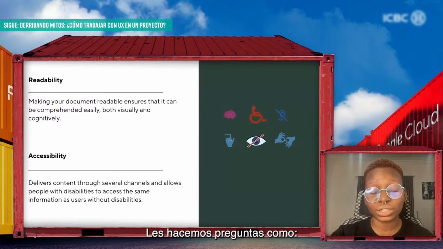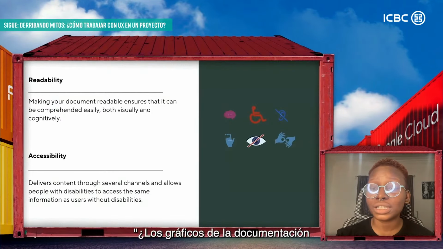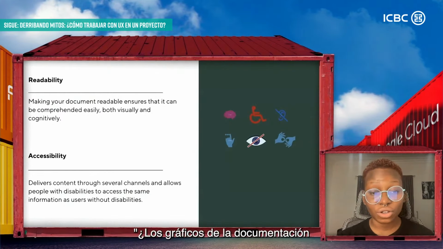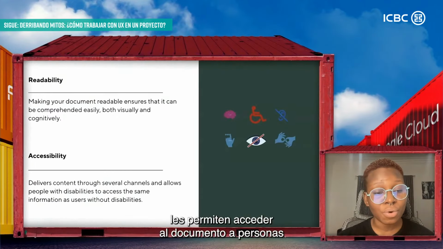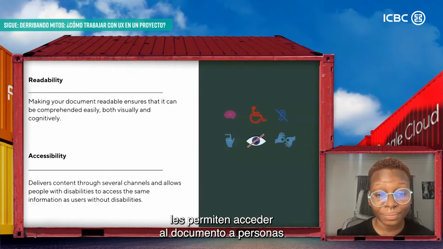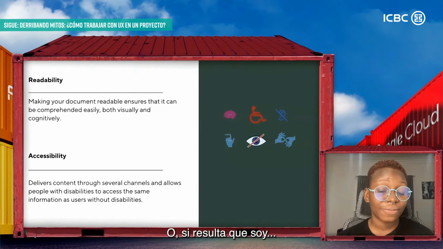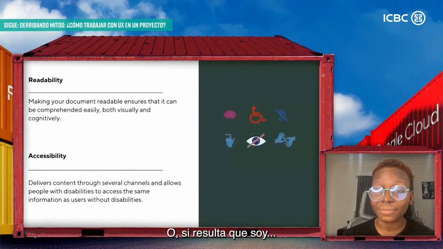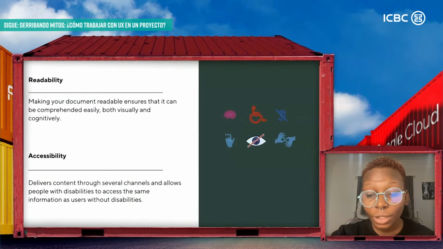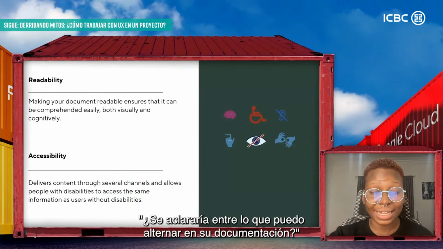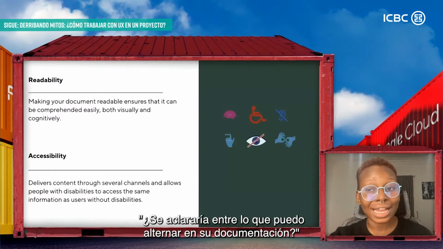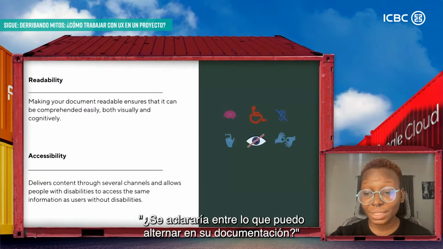Now we're asking questions like, do the graphics of your documentation allow people who have vision impairment to access the document? Or if, for instance, I happen to have color blindness or something of the sort, is there a dark mode and light mode I can toggle between for your documentation?